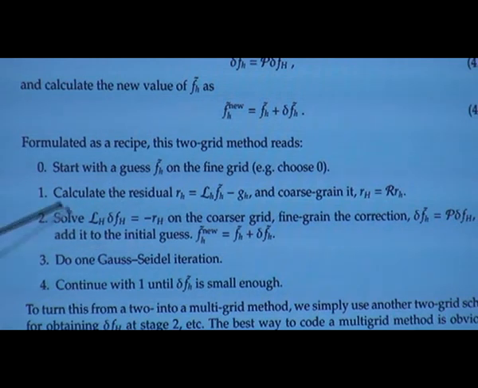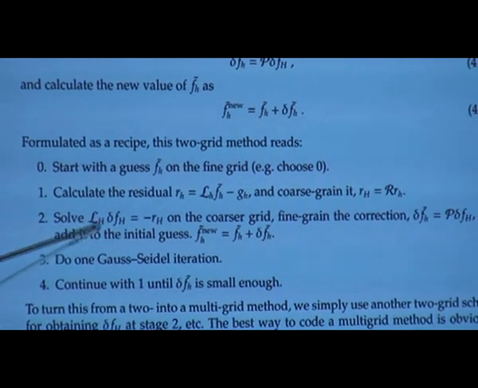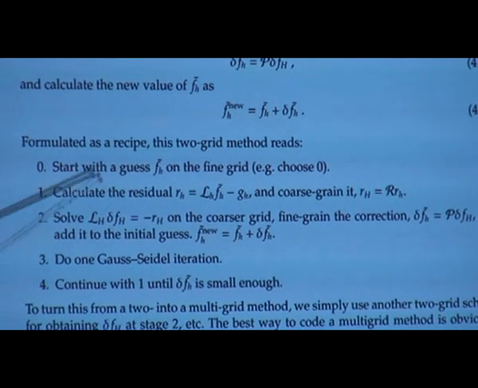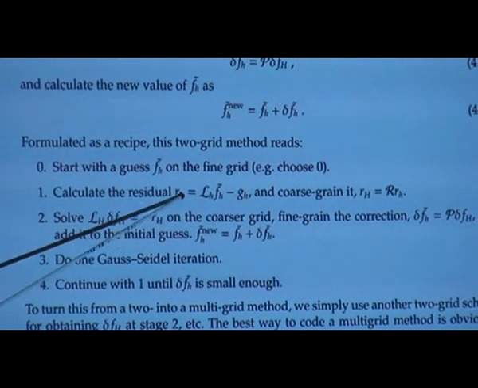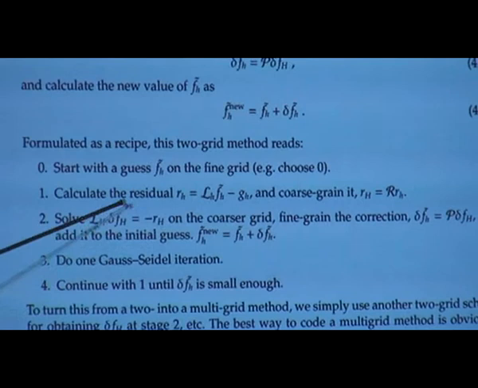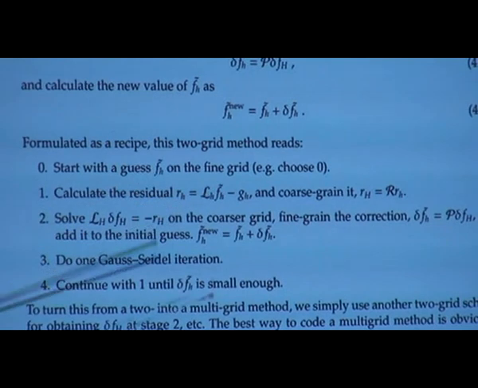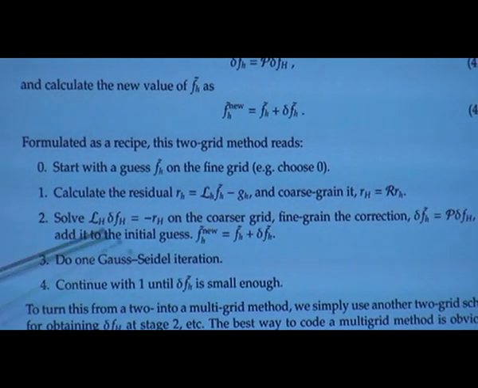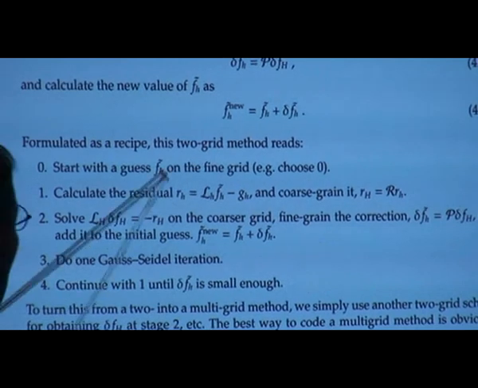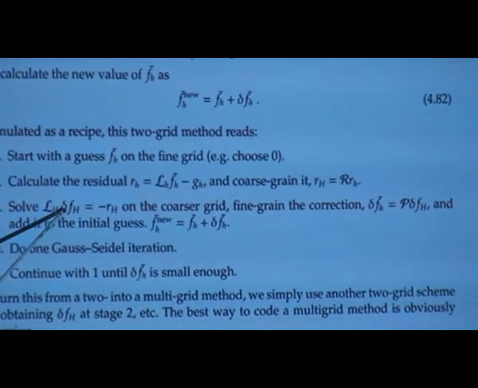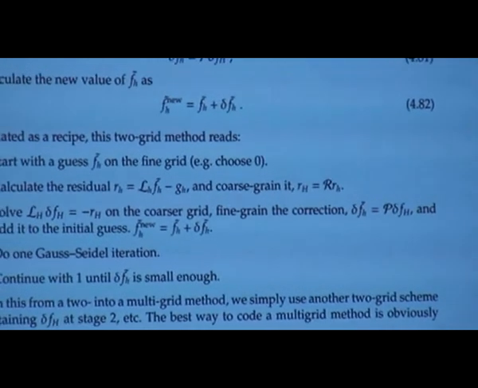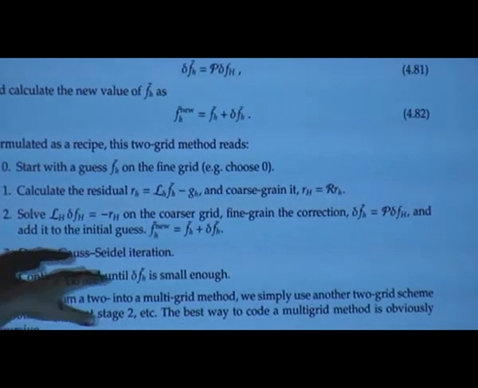And then you solve an equation on the coarser grid. This is now capital H, if you can see that. You solve an equation where this residual is on the right-hand side. On the left, you have a coarse-grained analog of your derivative operator; after all, you discretize the Laplacian.